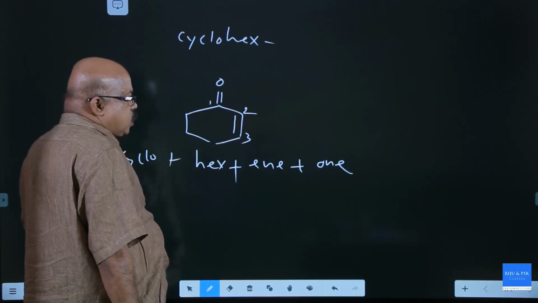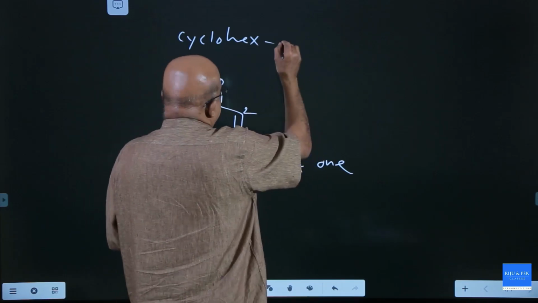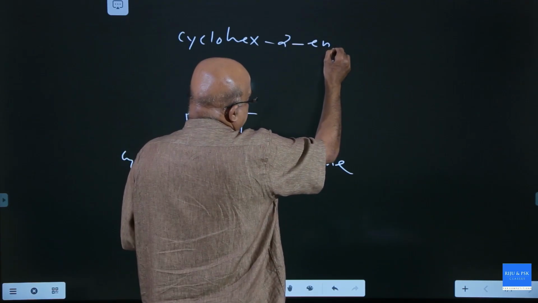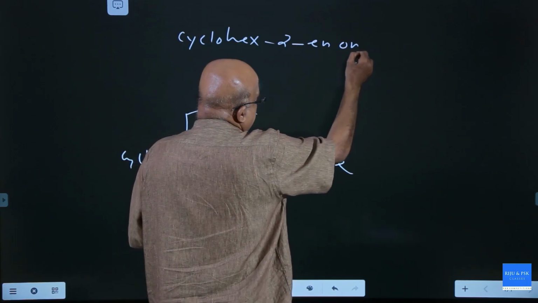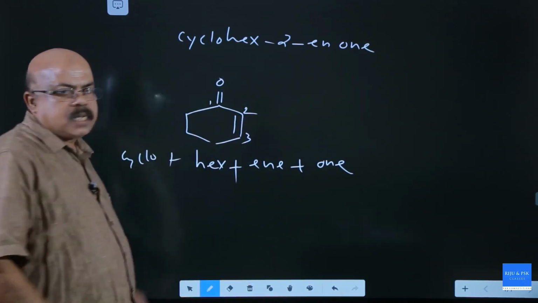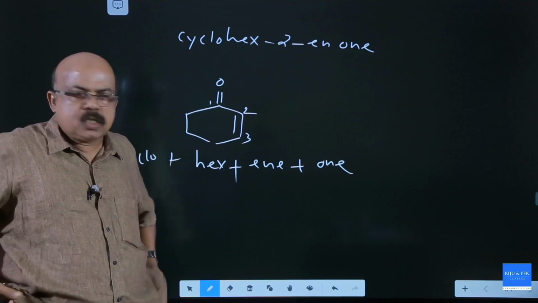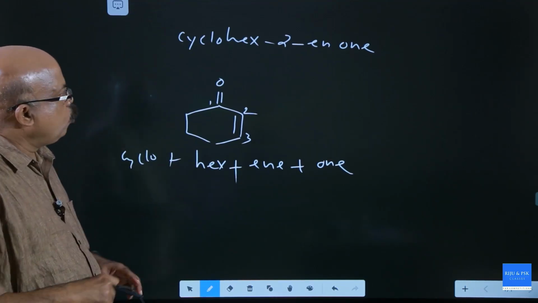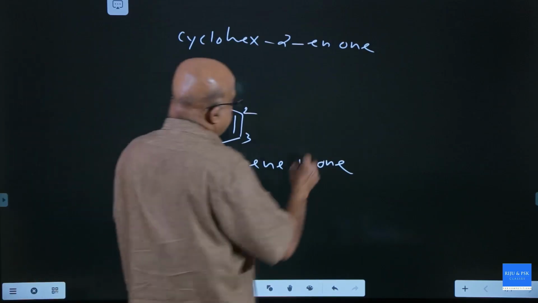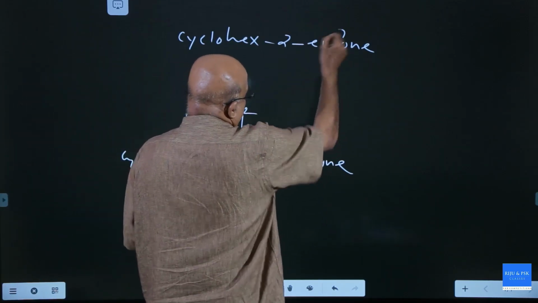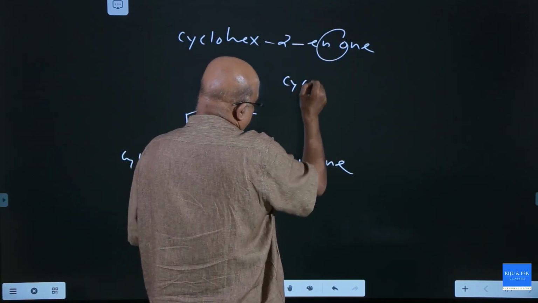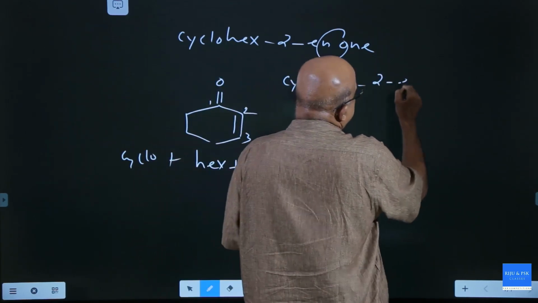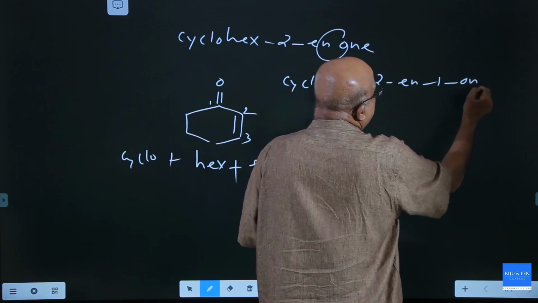The double bond is located between the second and third carbons, so it is cyclohexa-2-en-1-one.